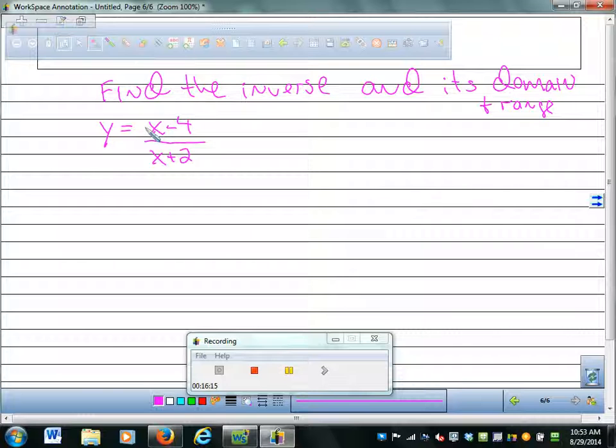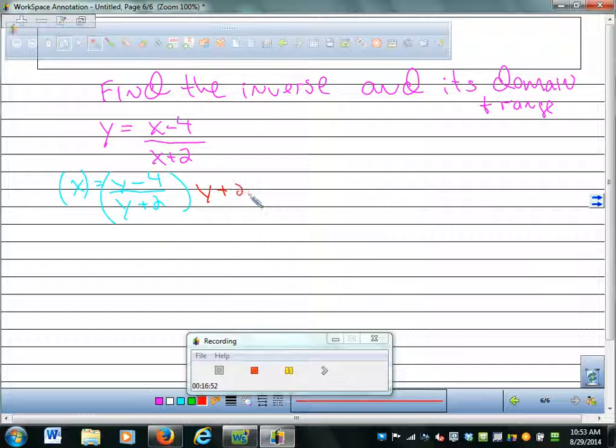What do I do first if I want to find the inverse? Switch it. Switch the x and y. So I'm going to get x equals y minus 4 over y plus 2. Now what? Yeah, so this is going to be tricky. So I'm going to multiply both sides by y plus 2. Good.